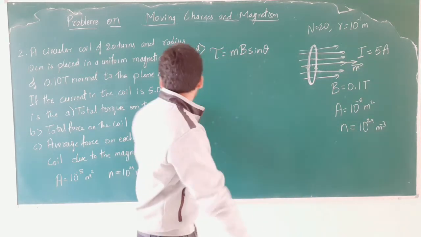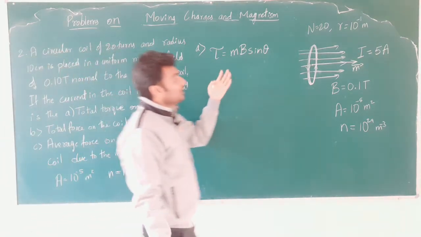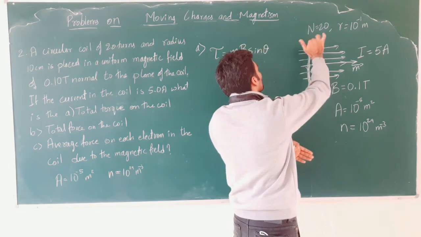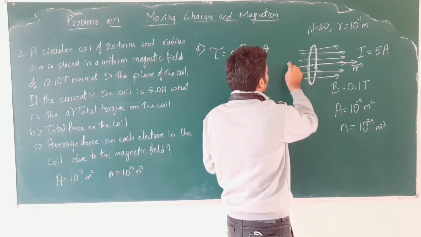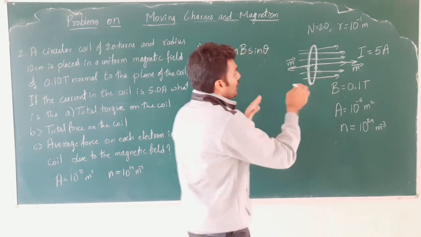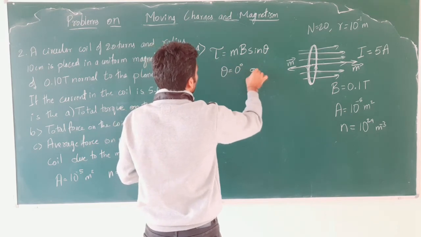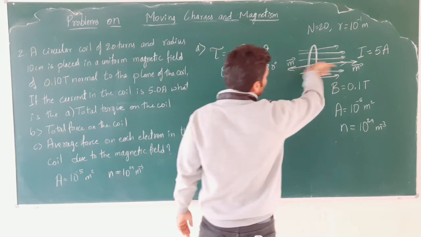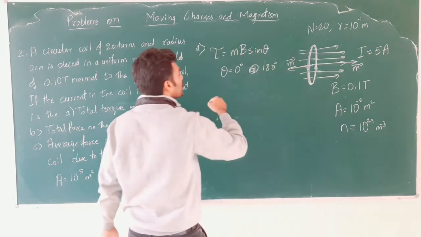Since the direction of current is not mentioned, we can even assume that the current is flowing in the opposite direction, into the board here, out of the board here. Even then, the direction of M will be like this. In both situations, theta is either 0 degree or 180 degree, right? If I consider this one, theta is 0 degree. If I consider this, theta is 180 degree.